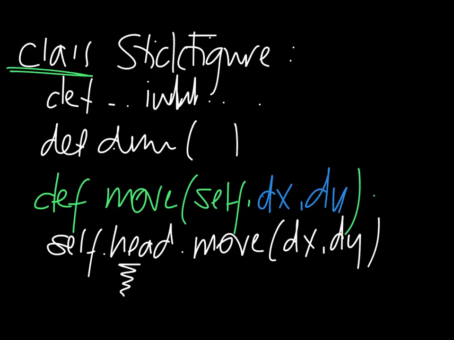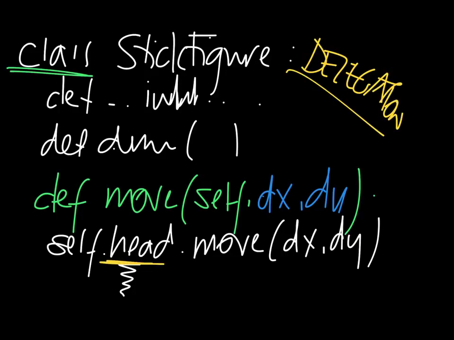So internally, it's actually quite easy to write because it takes advantage of the fact that we've got objects inside objects and objects working, all kinds of stuff. The concept of delegation creeps in a lot here. How actually the head is built from a circle class. The circle class has a move method.